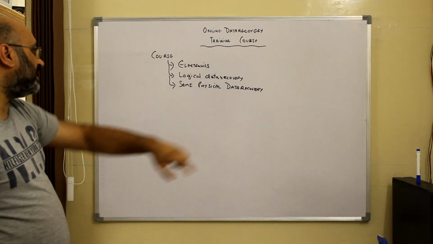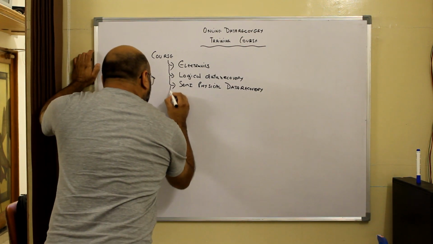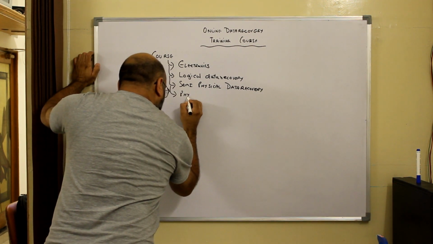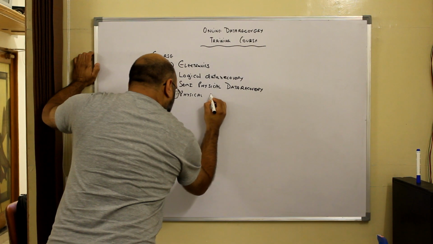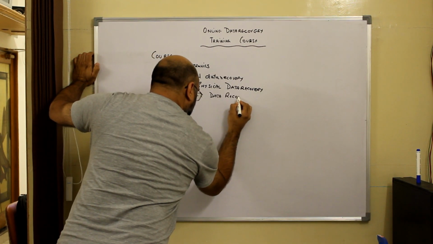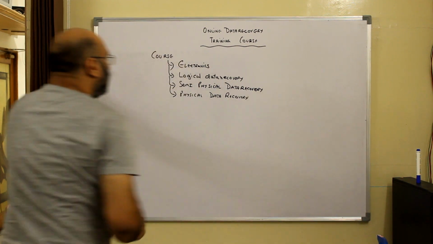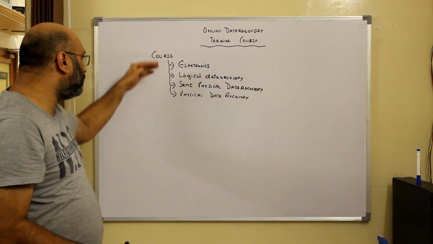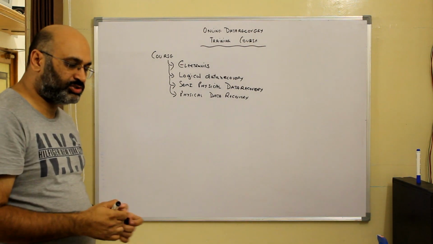After the semi-physical data recovery, we will cover the physical data recovery. So these are going to be the four main modules which we are going to cover in this course.